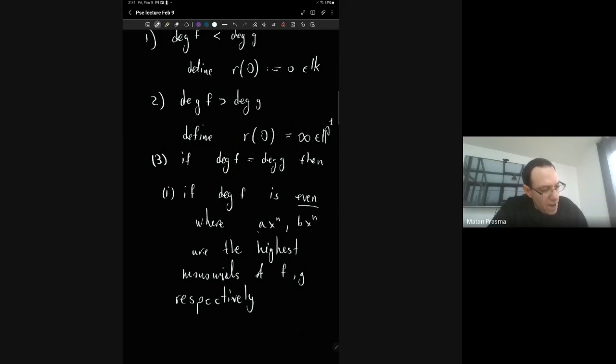I mean, then if I do this L'Hopital procedure, I divide by x to the n, everything vanishes apart from the coefficients of the highest monomials.